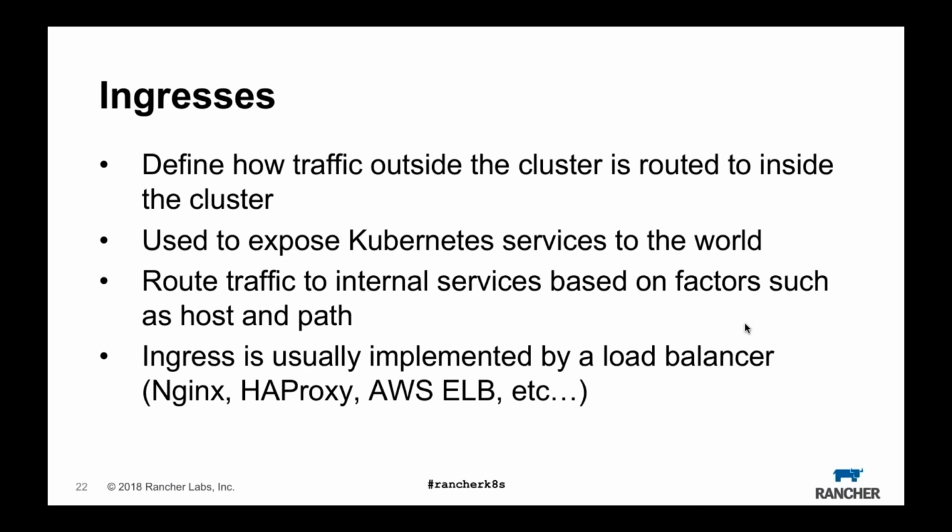And then finally, we have so-called ingresses. An ingress is basically any entity outside of your cluster that knows how to route requests. Normally it would be a reverse proxy load balancer.